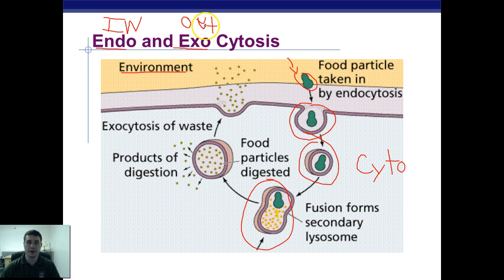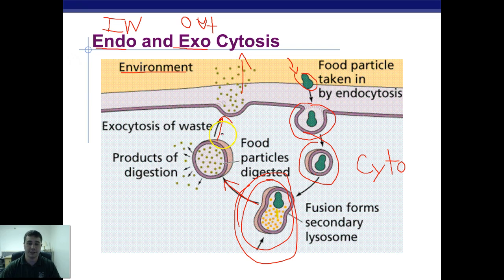Exocytosis is when you're moving it out. So exo is out. You can see it right here, these two vesicles form together, that food was digested, and then it has to go out. All those little particles are still trapped in the vesicle. The vesicle then merges with the membrane and expels all those little things right out of the cell.